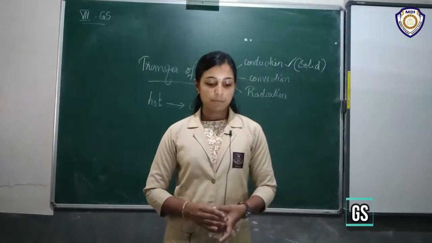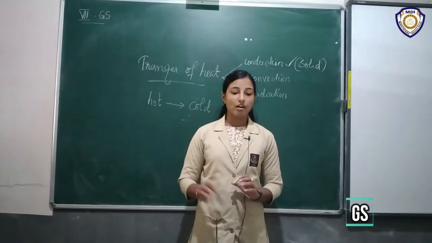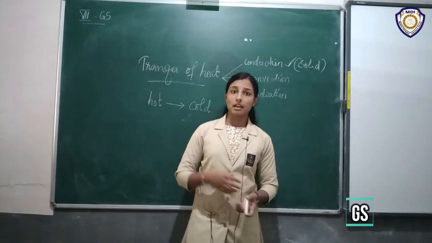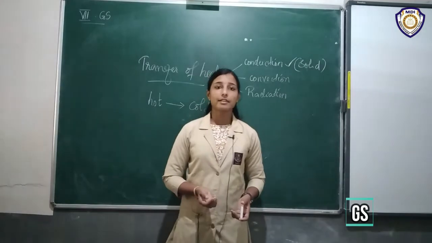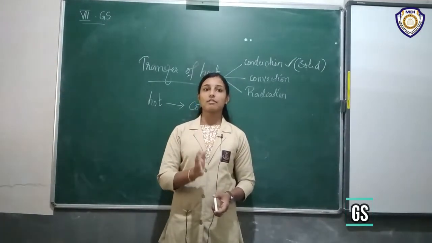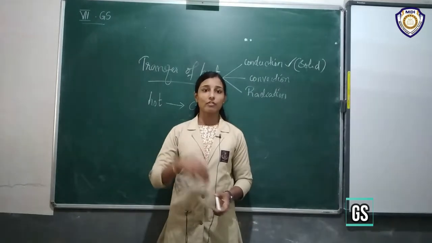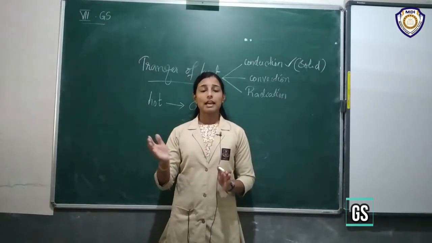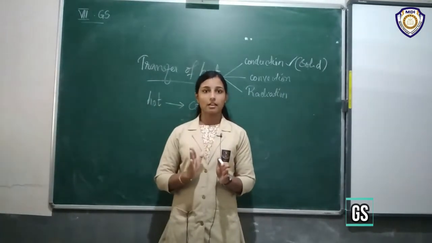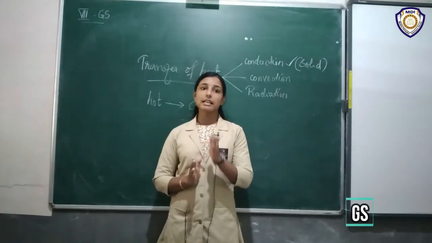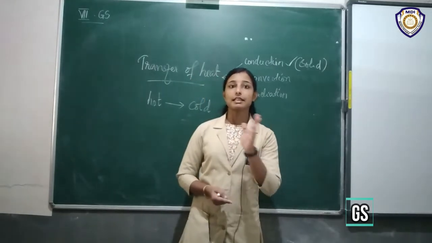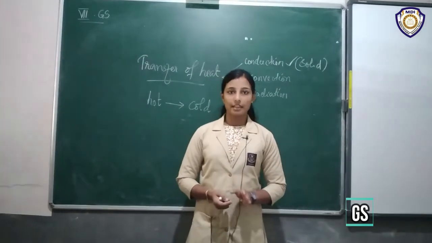And which piece of wax falls down first? It is the one immediately after that candle, right? That means the heat is more at the piece that is near to the candle.